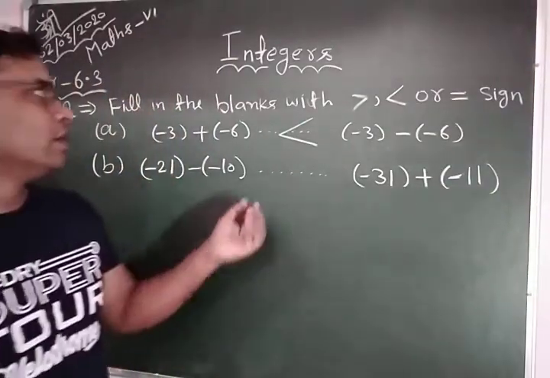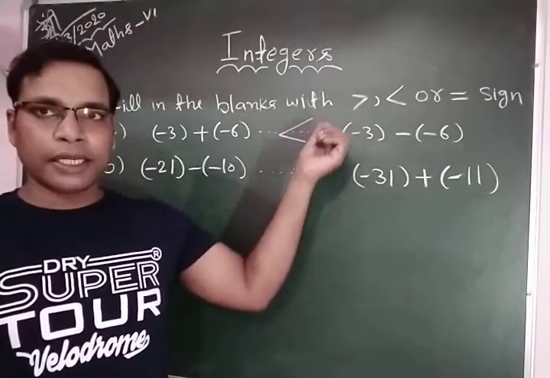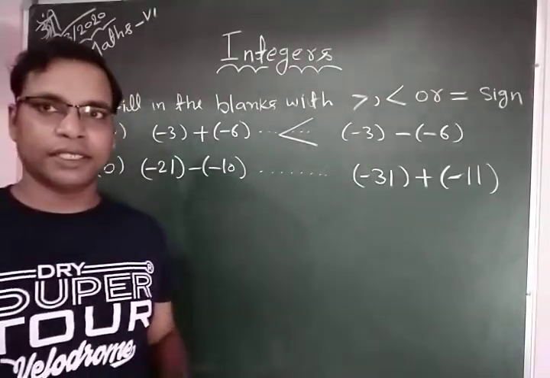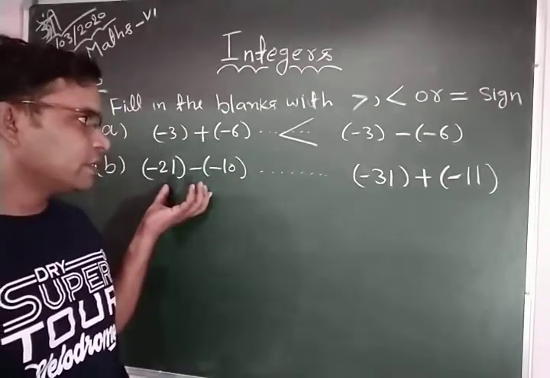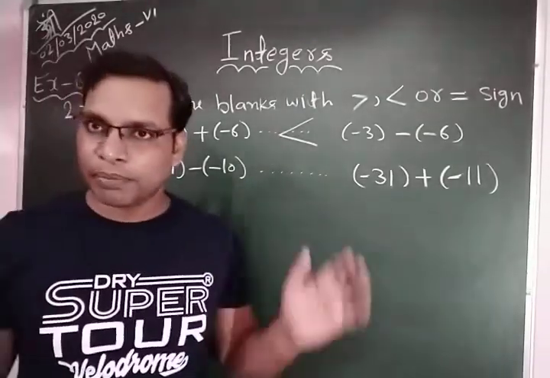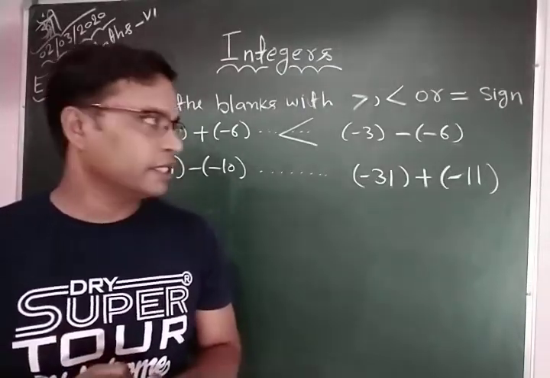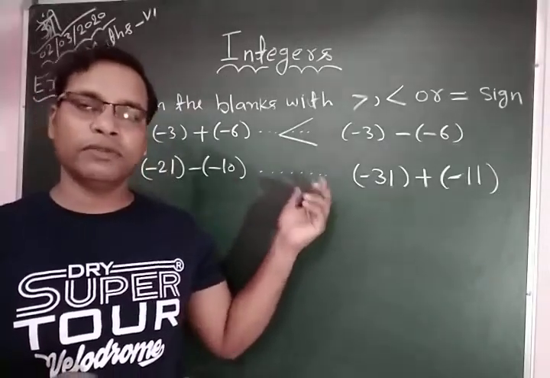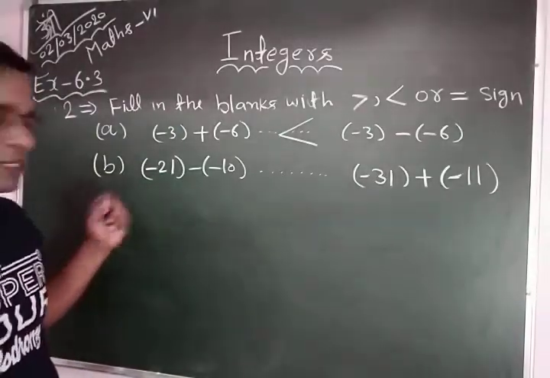So which sign do we fill here, greater than, less than, or equal to? So how can we decide? For this we solve this and this. After this we compare them, then we are able to decide whether we fill greater than, less than or equal to sign here.